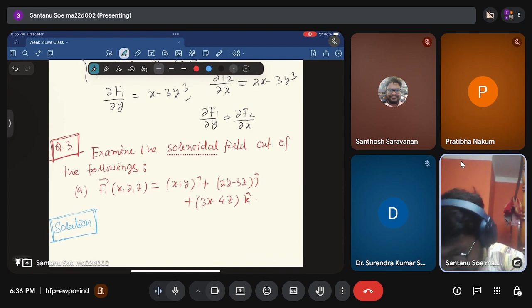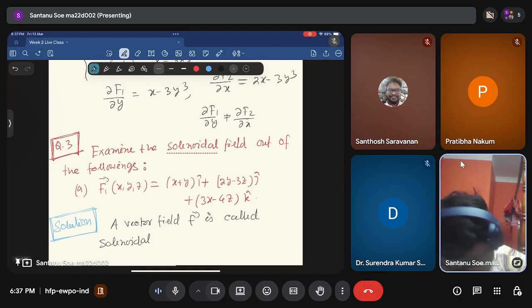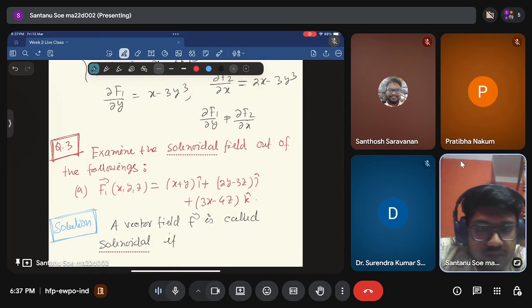Now a vector field F is called solenoidal, anyone, when a vector field F is called solenoidal?